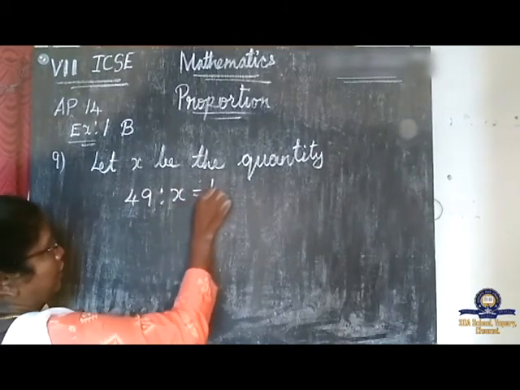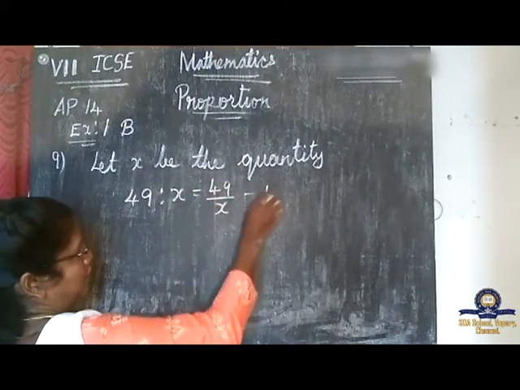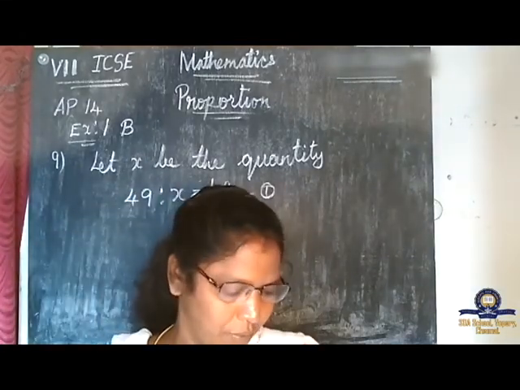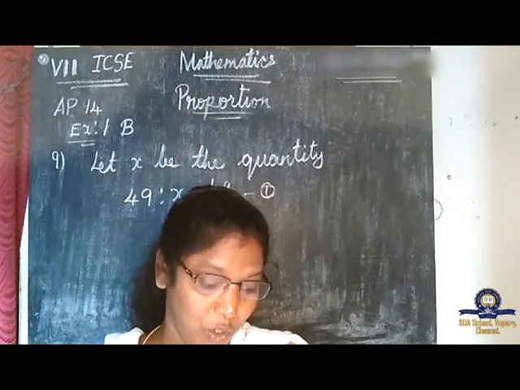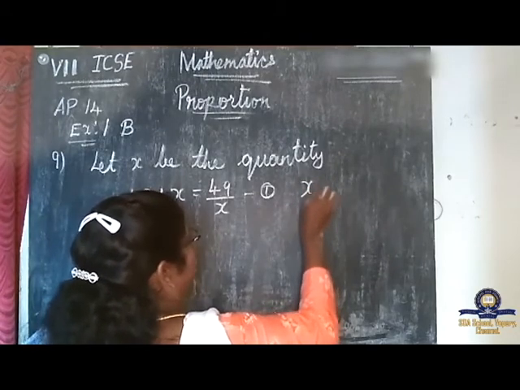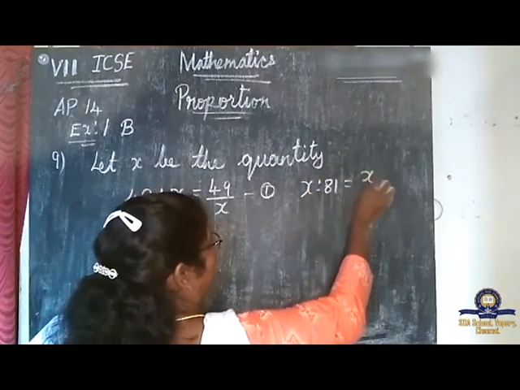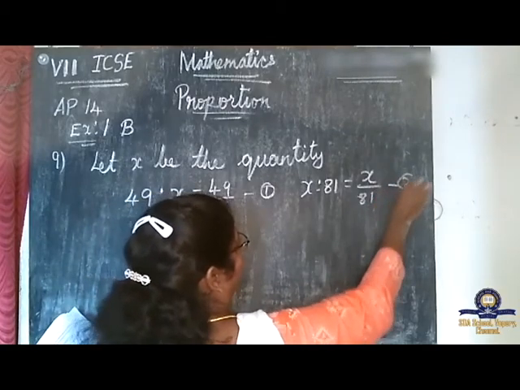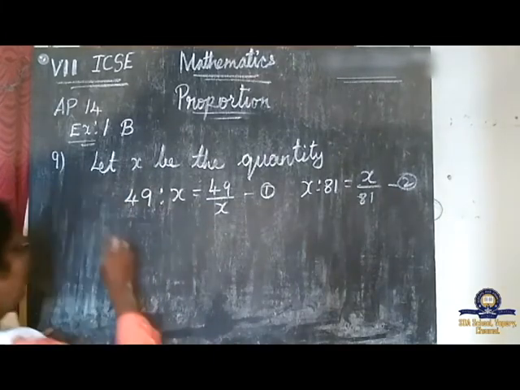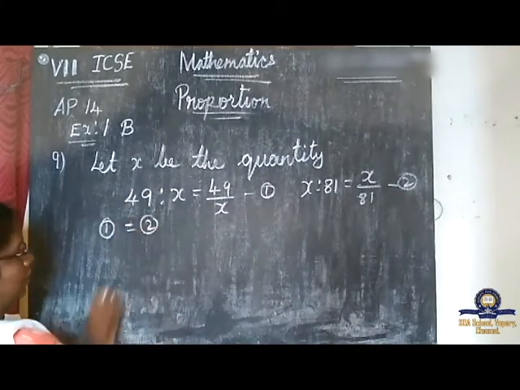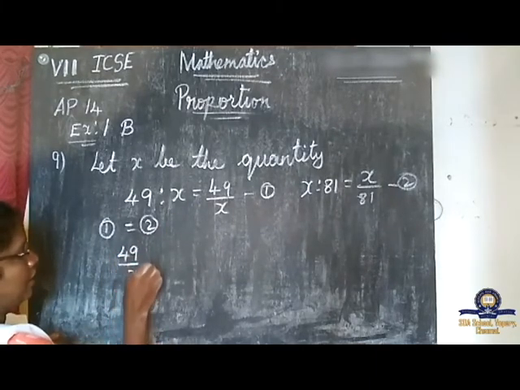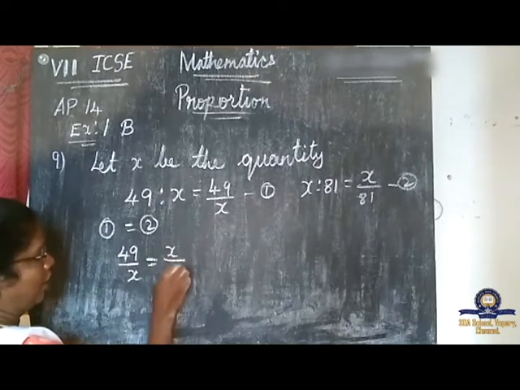This can be written as 49 by x. This is number 1. Another ratio is the same as the ratio that the quantity bears to 81. That means x bears to 81, which can be written as x by 81. Since the two ratios are equal, I am going to equate 1 and 2. 49 by x is equal to x by 81.